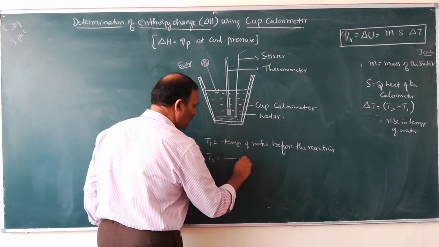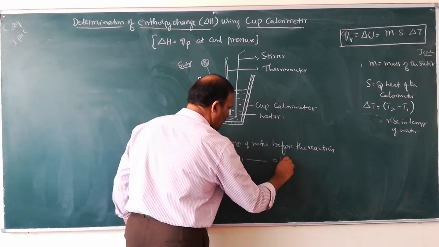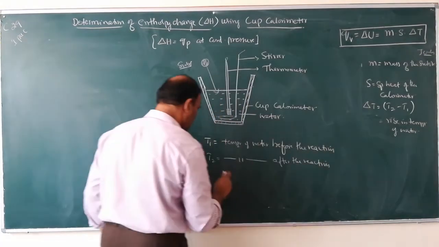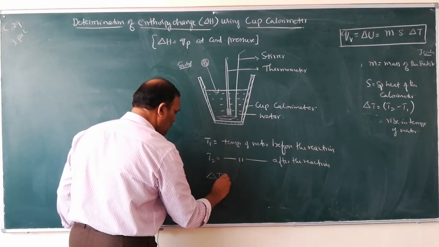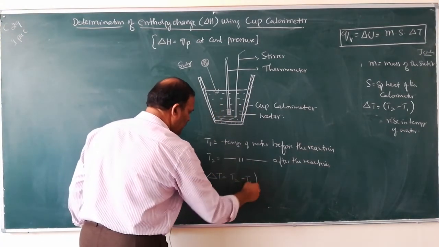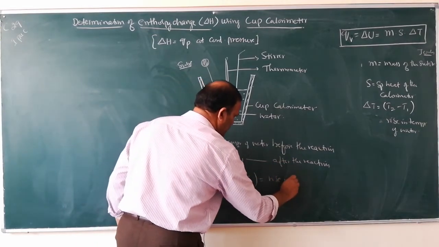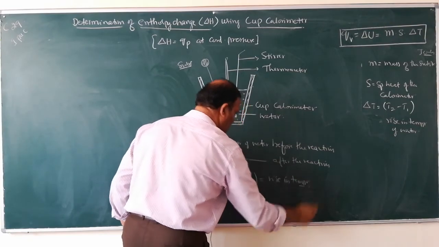T2 equals temperature of water after the reaction. Then delta T is equal to T2 minus T1, that is the rise in temperature.